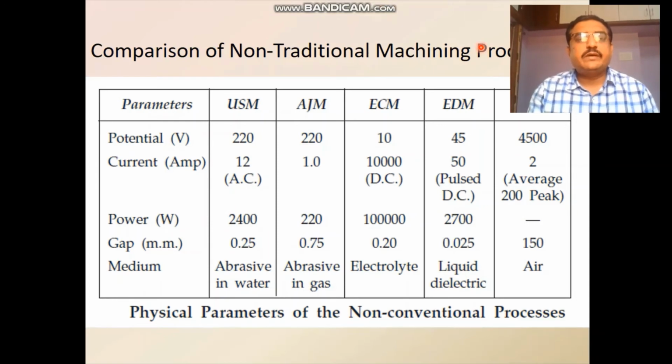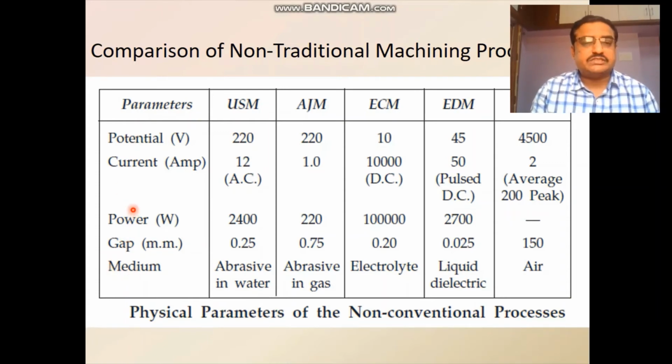Now we'll compare these non-traditional machining processes with each other on the input process parameters. These parameters are voltage, current, power consumption, gap between tool and work, and medium used for the process.